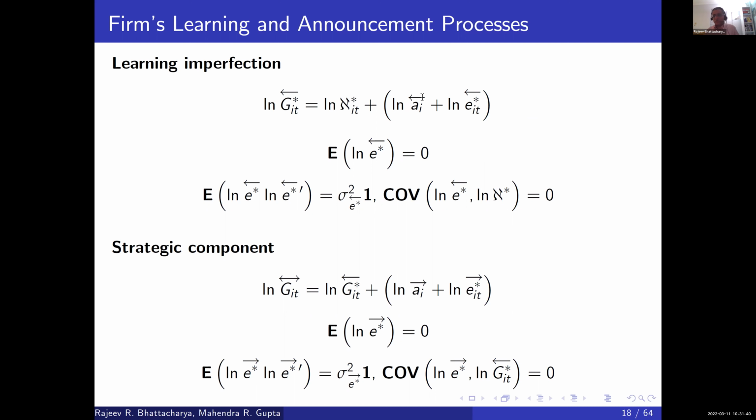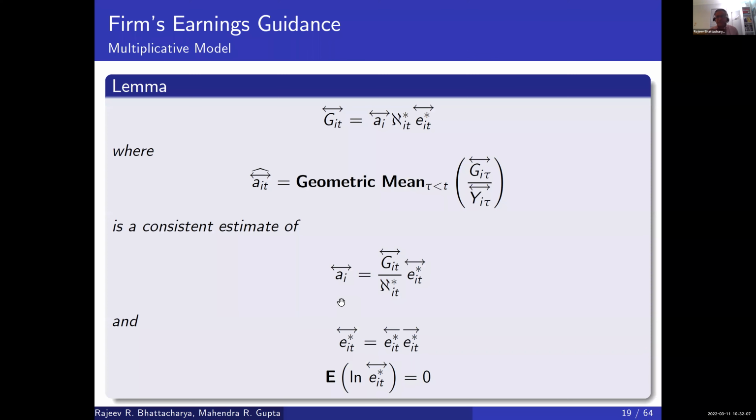We're not forcing that to be unbiased. And there is a strategic component, which is log of GIT double arrow is a function of log of GIT star, which is left arrow, which is its best estimate, plus the strategic component. And once again, we allow for the possibility of a systemic over guidance and so on.